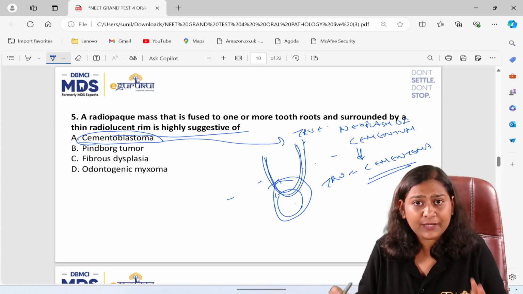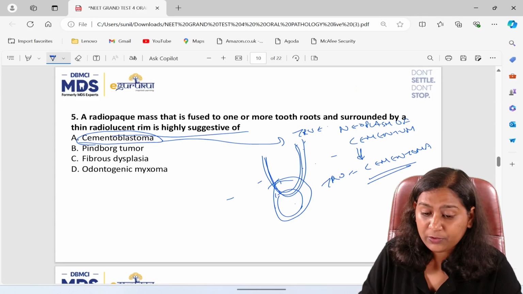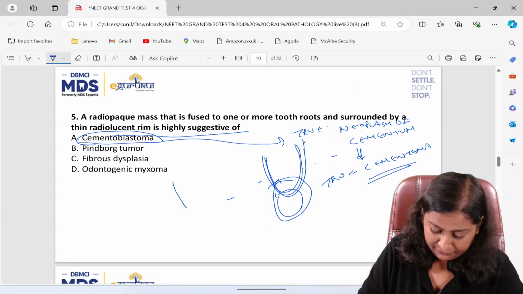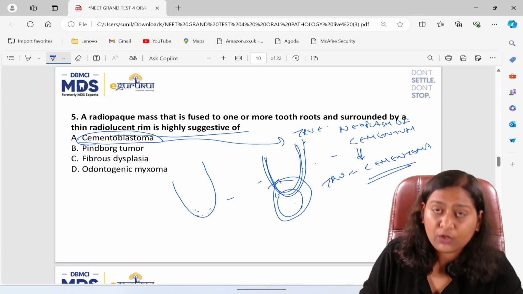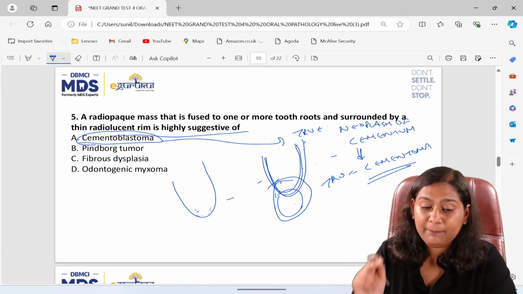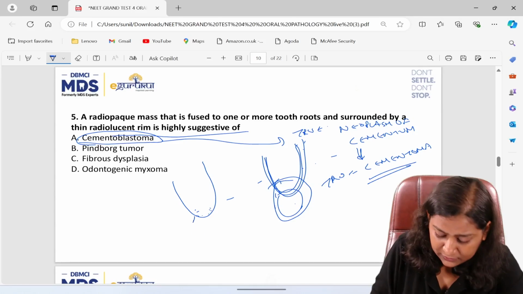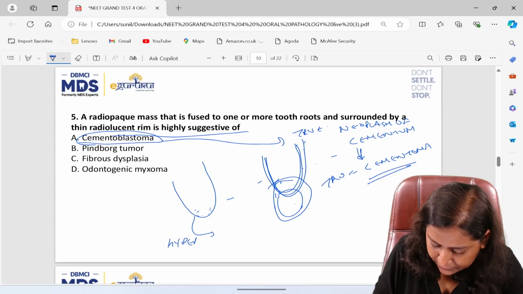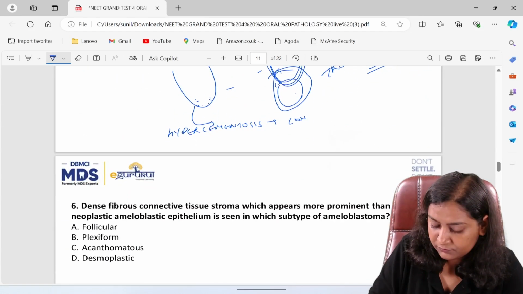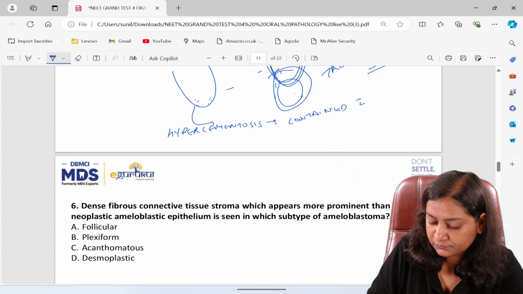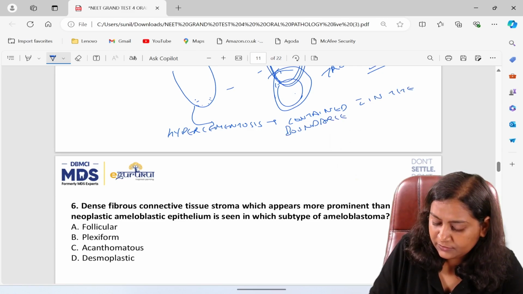Now in hypercementosis, radiographically, there is an excessive overgrowth of cementum, but it is limited and contained within the boundaries of the periodontal ligament.